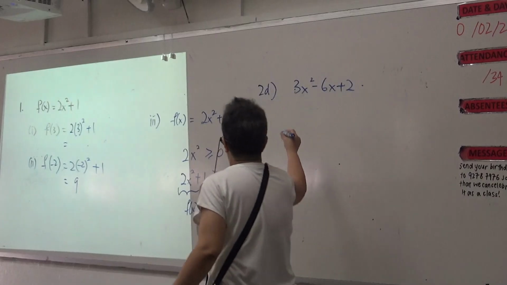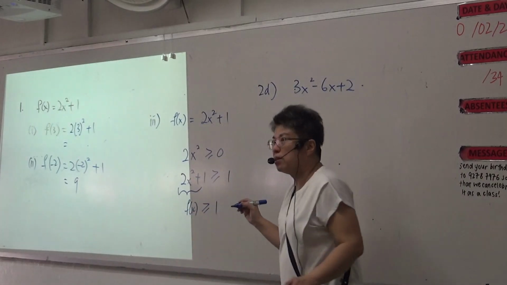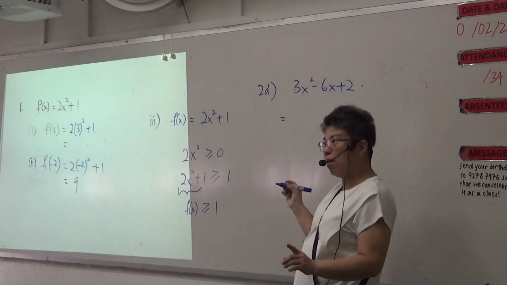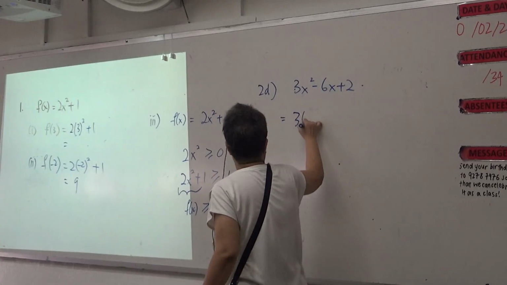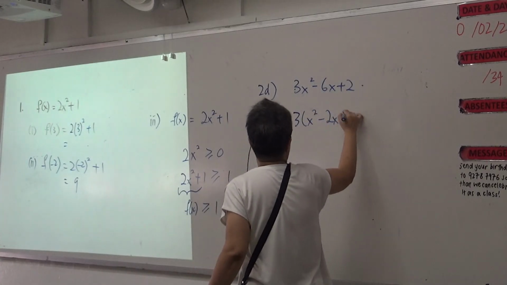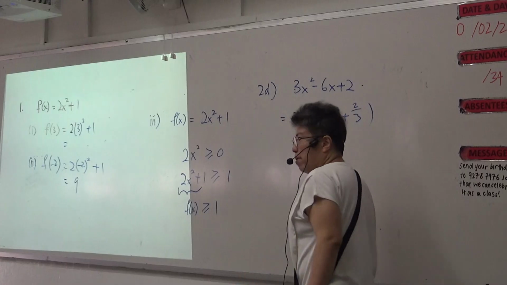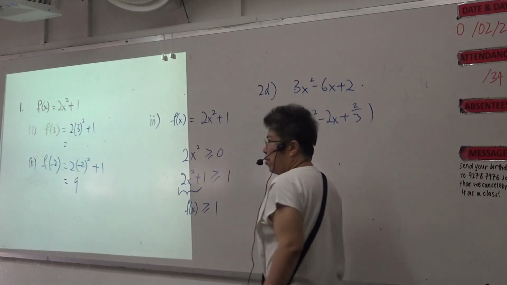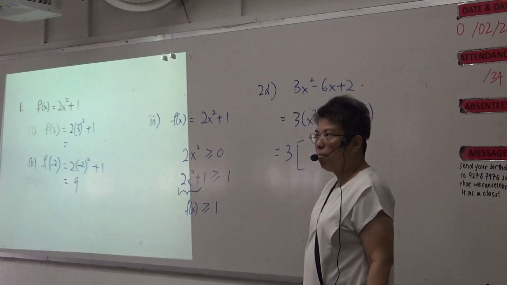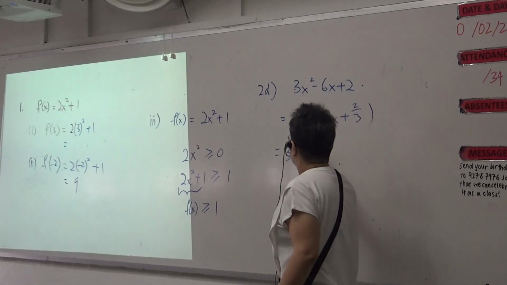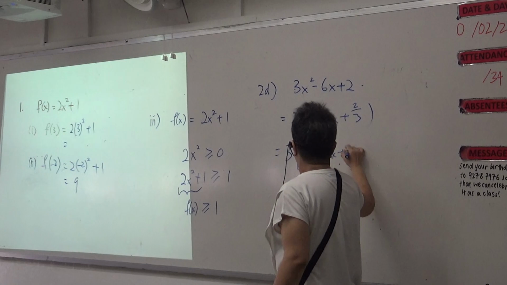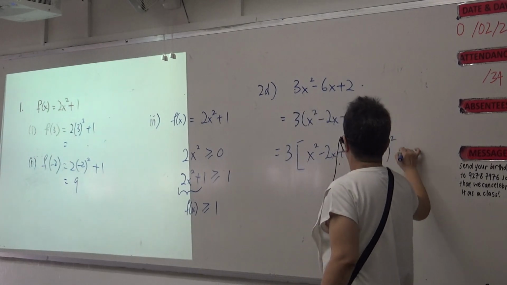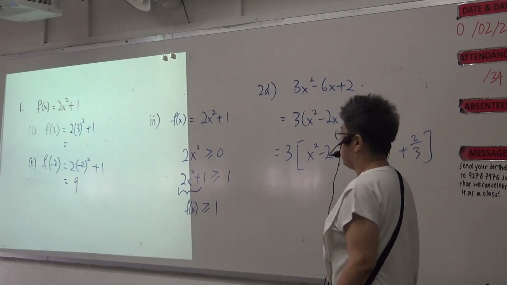Okay. What do you do first? Take out what? 3. Am I right? Then 3 open bracket. Keep quiet now. x squared minus 2x plus something squared minus something squared plus 2/3, right?